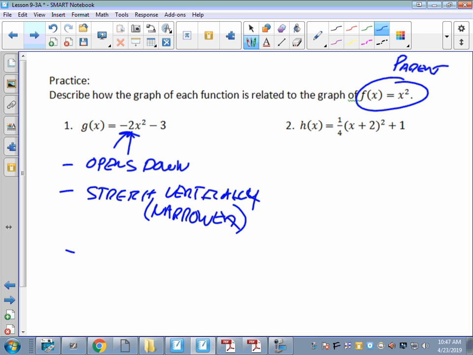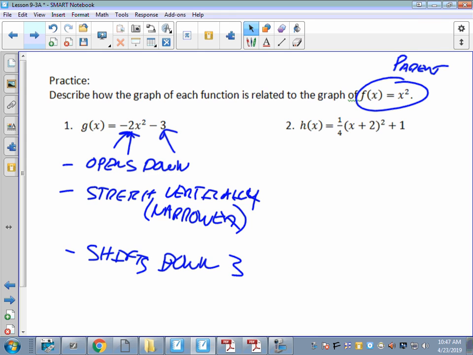And then because of this -3, that's a k value, it's going to shift down 3 units. So we shift down 3 units. That's just simply comparing what we've got to y equals x squared and what happens with each.